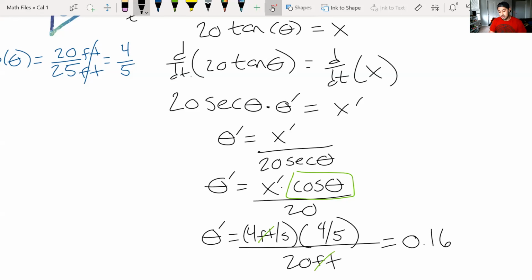0.16. And now remember that since we're solving for theta prime, in calculus, all of our angles must be in radians, and we're looking for a rate of rotation. So my answer is going to be 0.16 radians per second.